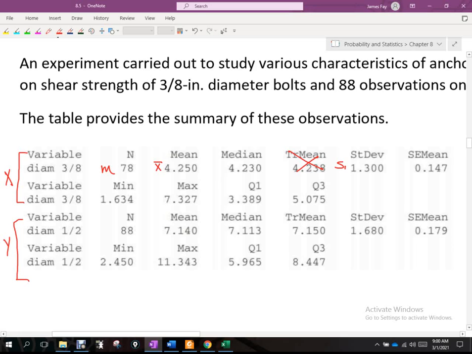Our sample size here would be 88. Okay, our mean here, which we're going to call Y bar, is 7.14. Standard deviation we'll call S2. Okay, and that is then the information that we're going to use to make some decisions here.